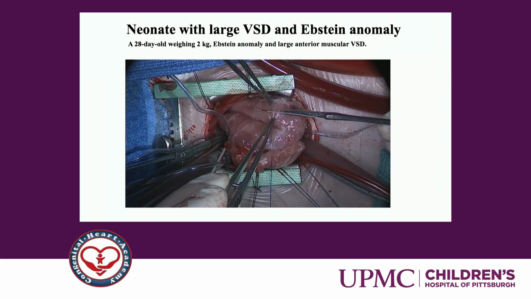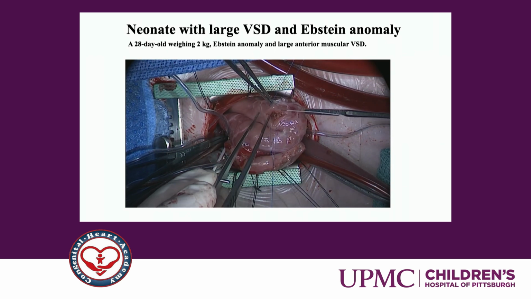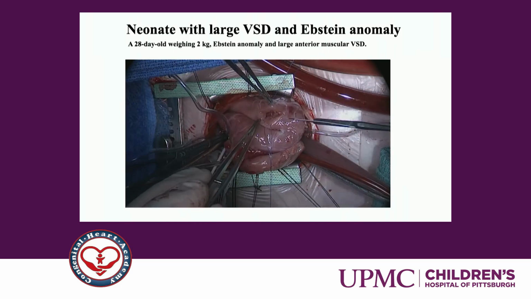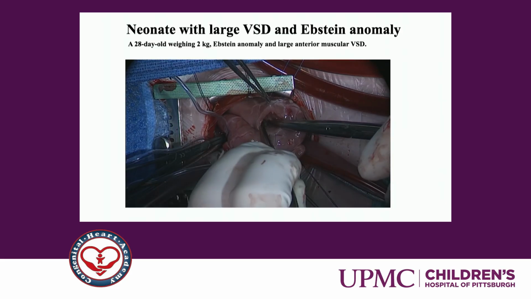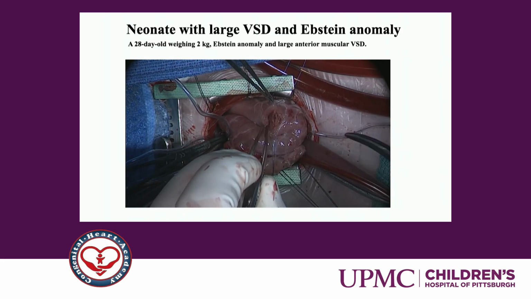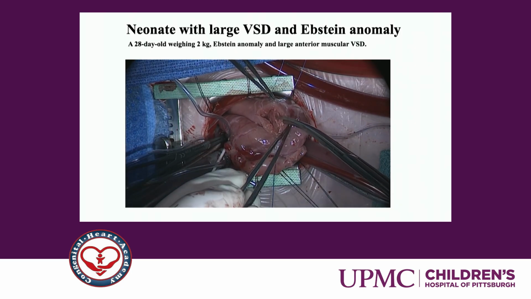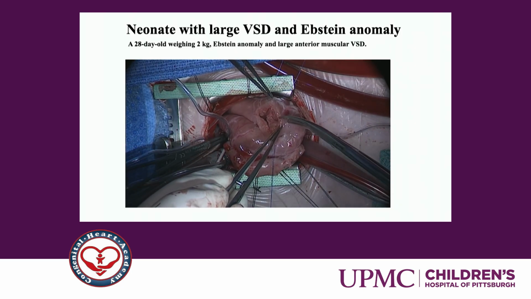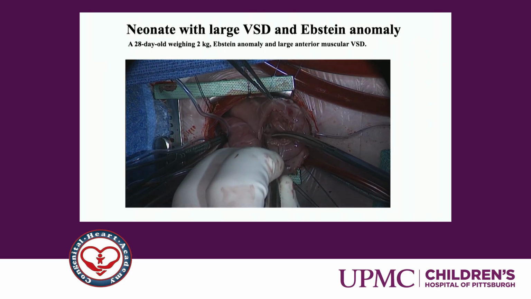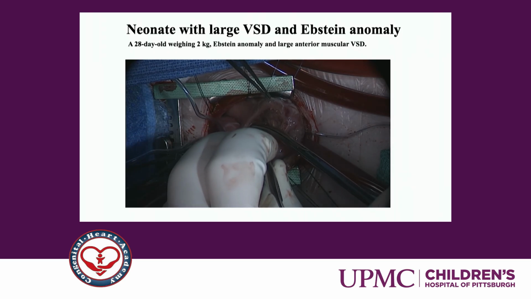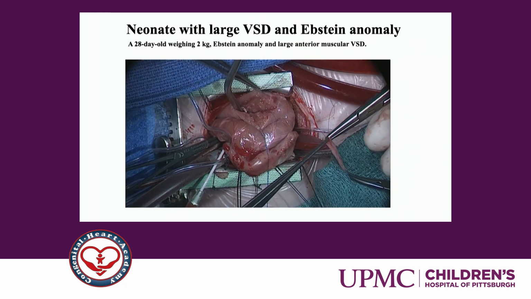So now this incision is made here parallel to the LAD to open the right ventricle so that the large ventricular septal defect can be exposed properly and closed. And now the ventricular septal defect started to appear in view. This is a large ventricular septal defect which is anterior and in the muscular septum.